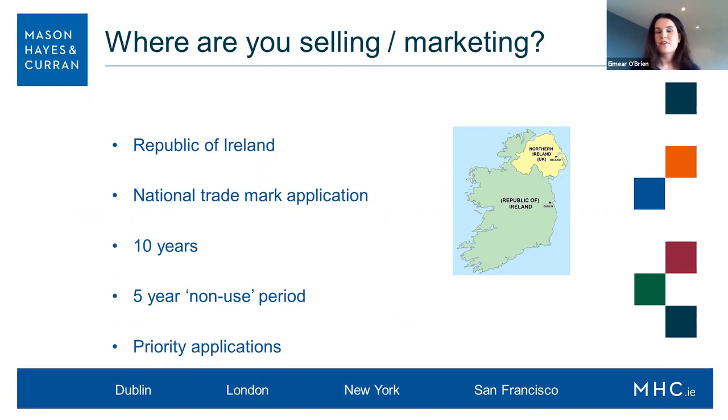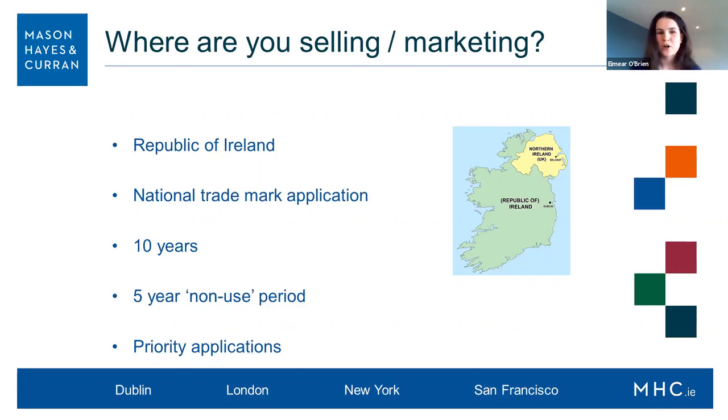So if you are granted registration for a trademark, your protection will always start from the filing date. So whether it takes the office 6 months or 12 months to examine your mark and to grant you registration, you're still at the end of the day going to have your protection from the filing date.